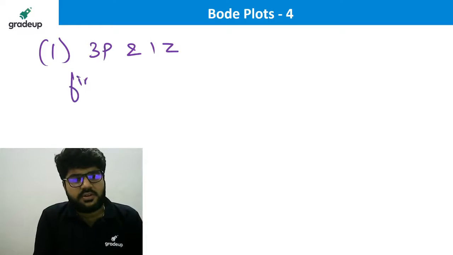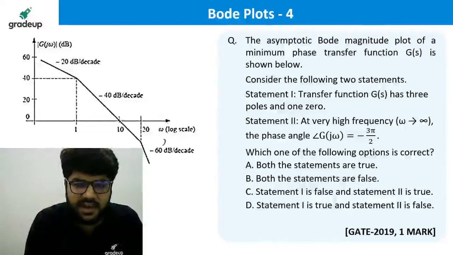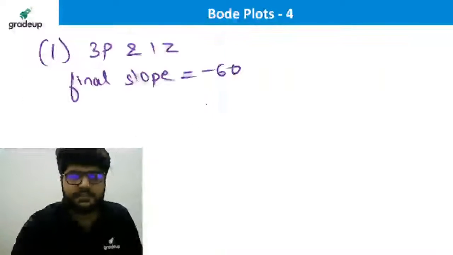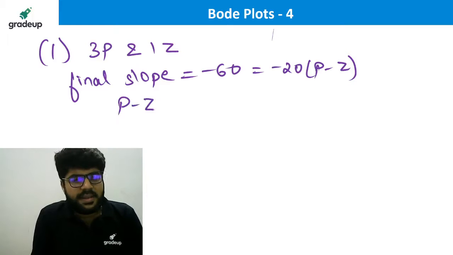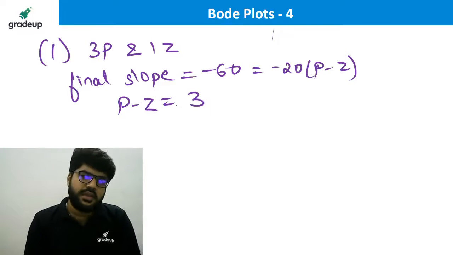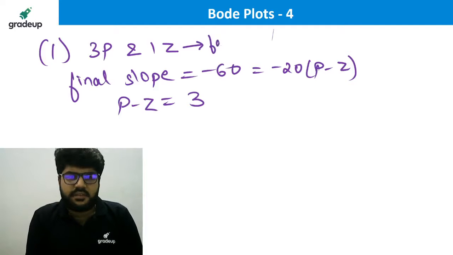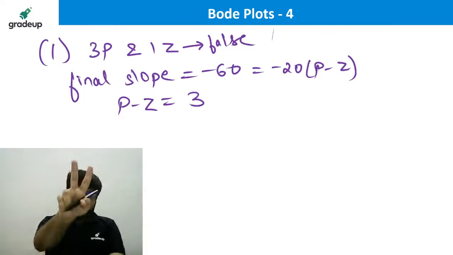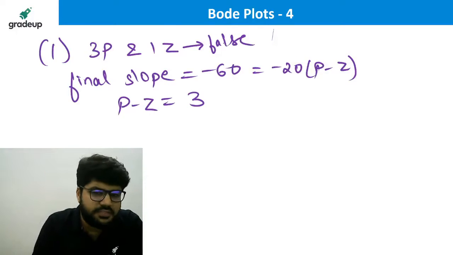Given that the final slope is minus 60, as seen in the graph, and that is equal to minus 20 into P minus Z, so P minus Z should be equal to 3. 3 poles and 1 zero, the difference will be 2. So that is false. Statement 1 is false.